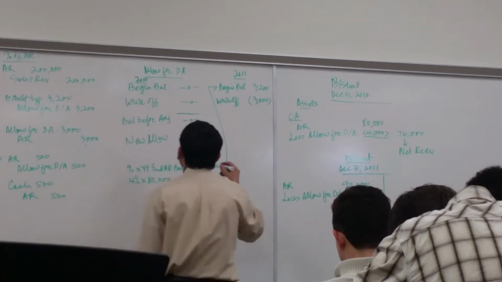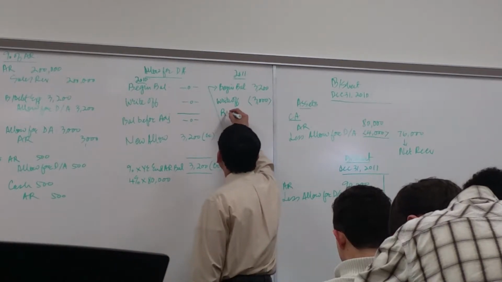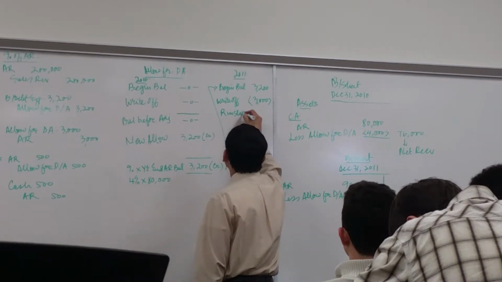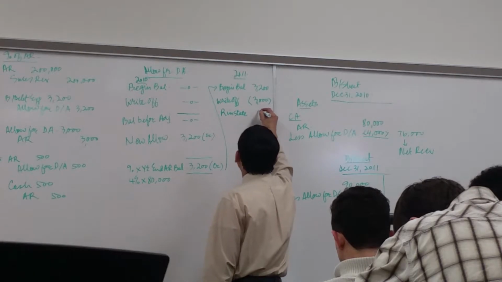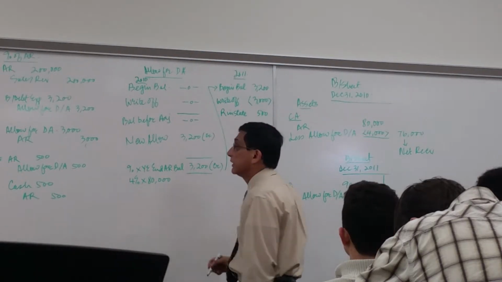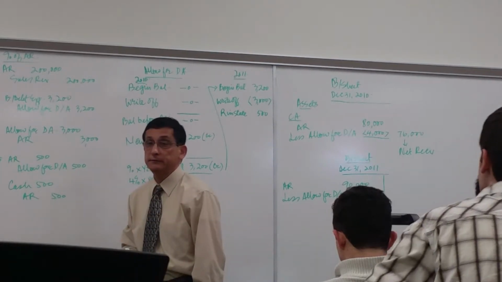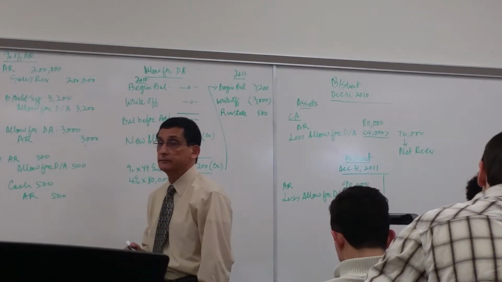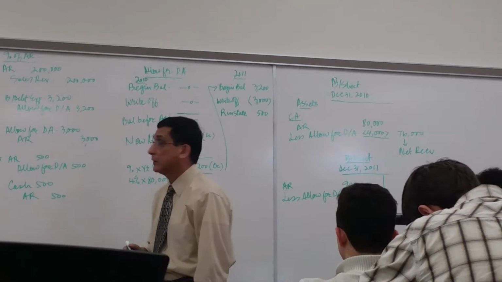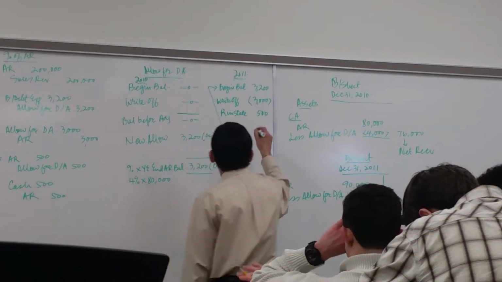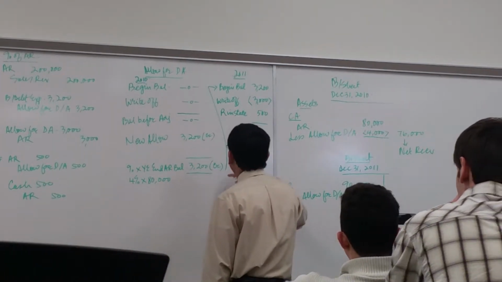Did you reinstate something of Abel? Did you reinstate Abel to the extent of 500? Did you credit allowance for 500? What is the balance before adjustments?